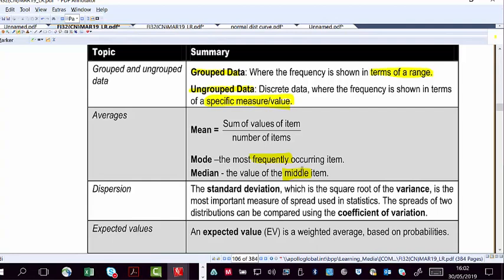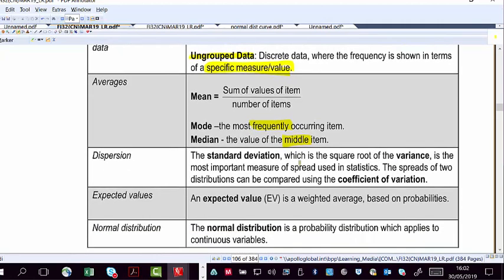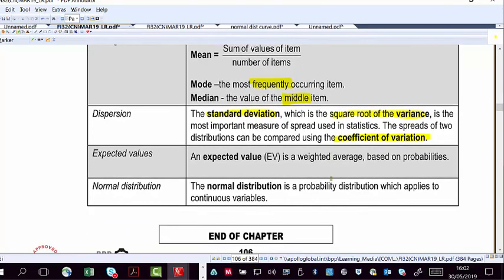You then also need to be able to calculate measures of dispersion, including the variance, the standard deviation and the coefficient of variation. You get a formula in the exam for the standard deviation, and you also need to know that the standard deviation is the square root of the variance. To be able to calculate the coefficient of variation, you take the standard deviation and you divide it by the mean. We then looked at calculating expected values.